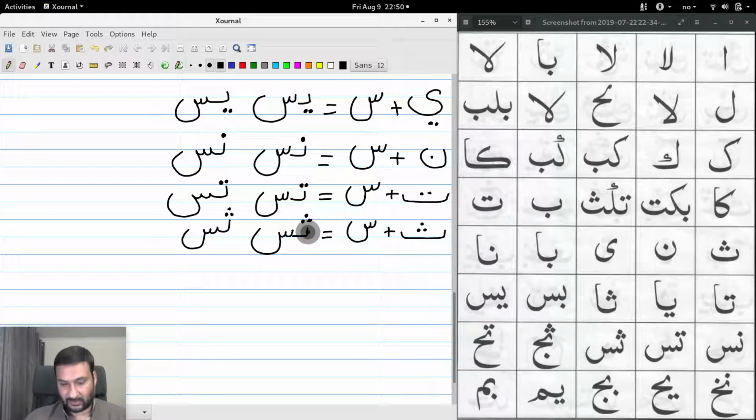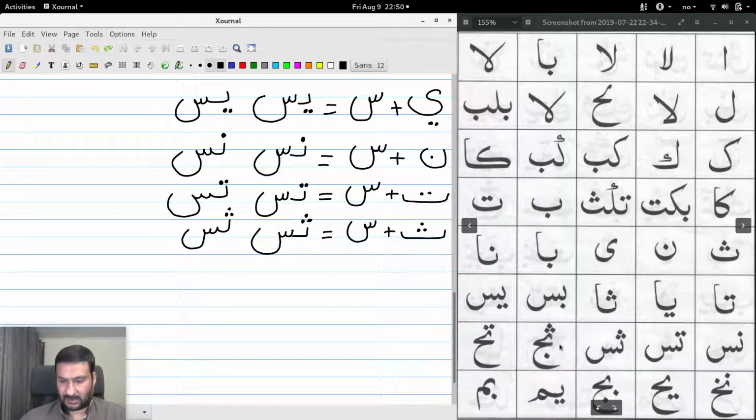Notice when I wrote this first part of Tha here, it looks almost like this character. This is a letter in Urdu. It's not in Arabic, so you don't need to confuse this one. All right, Tha Sin.